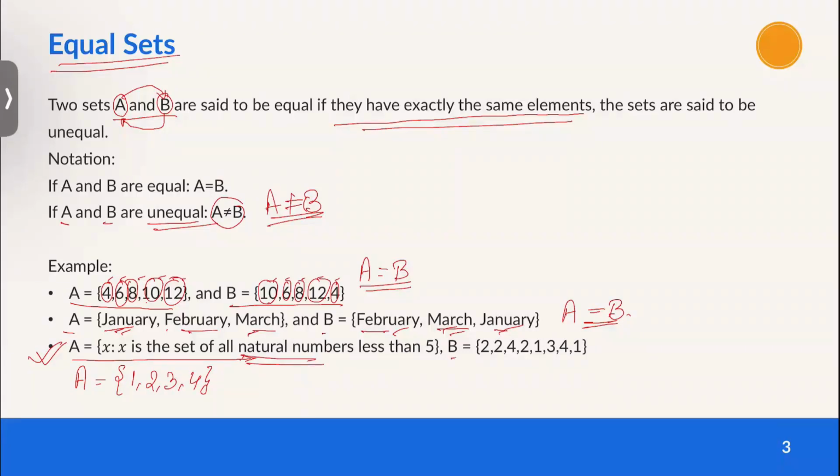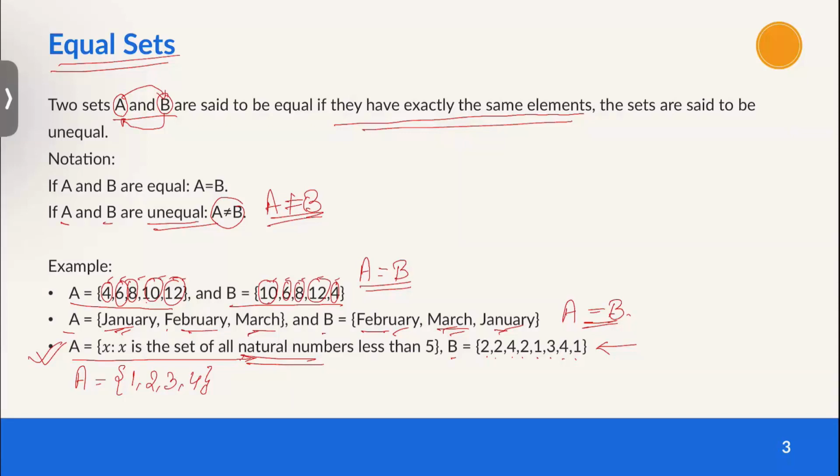And here we have a set B, which is 2, 2, 4, 2, 1, 3, 4, 1. If you remember, in our previous lecture, we discussed that it doesn't matter if the elements of a set are repeated. So here, some of the elements of B are repeated. It doesn't make any difference. So we will see if A and B are equal.